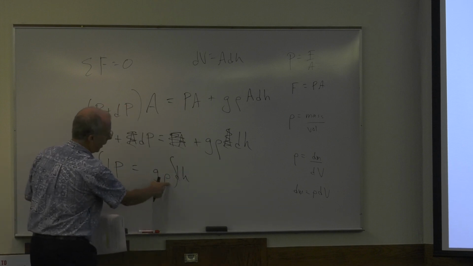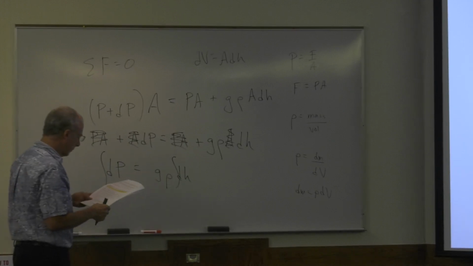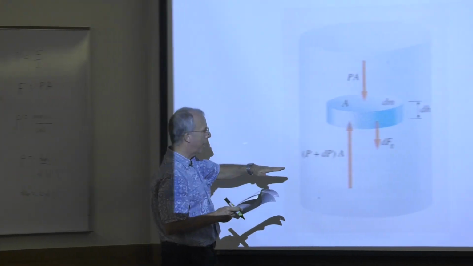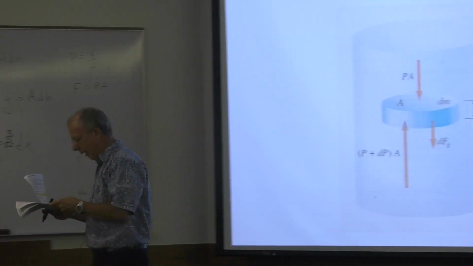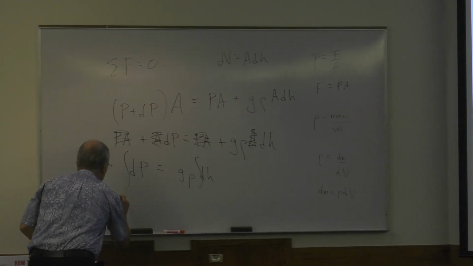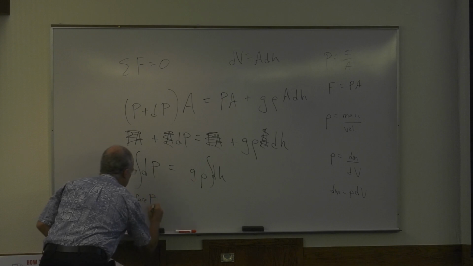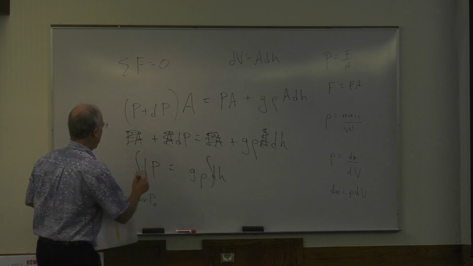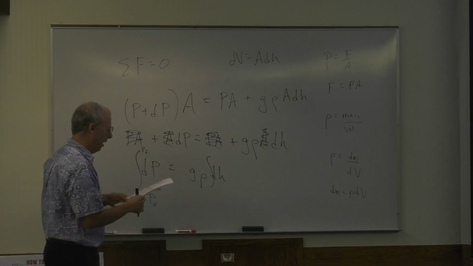g and rho are constants, so we can pull those out of the integral. Now, we've got to be careful. This is the pressure, right? And so we want to compare the pressure at this depth to the surface pressure. So we're going to integrate from the surface. We can call that P0, the pressure at the surface. And here, we're going to just call it P final. And then the height, not the height, the depth.